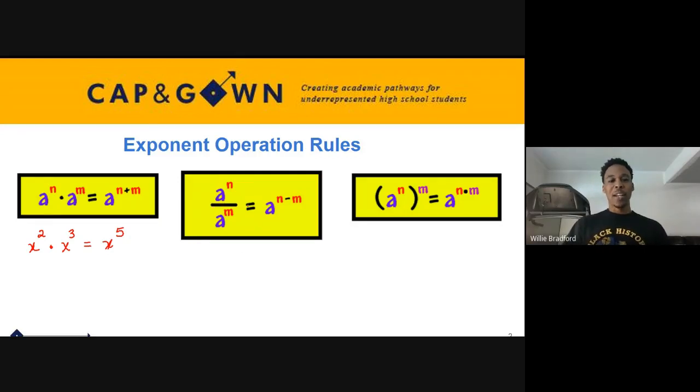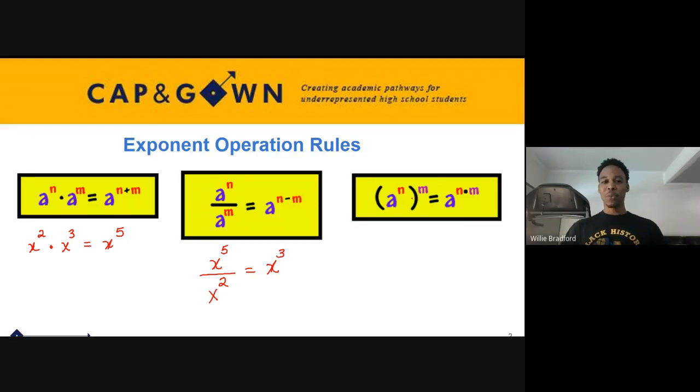Similar rule here. If we are dividing and we have the same base, so we'll say x to the 5th divided by x to the 2nd, then we'll take the top exponent minus the bottom exponent, and we'll get 5 minus 2 is 3, okay?